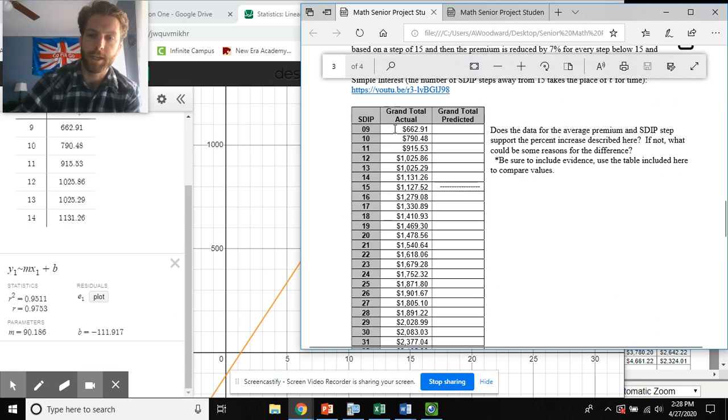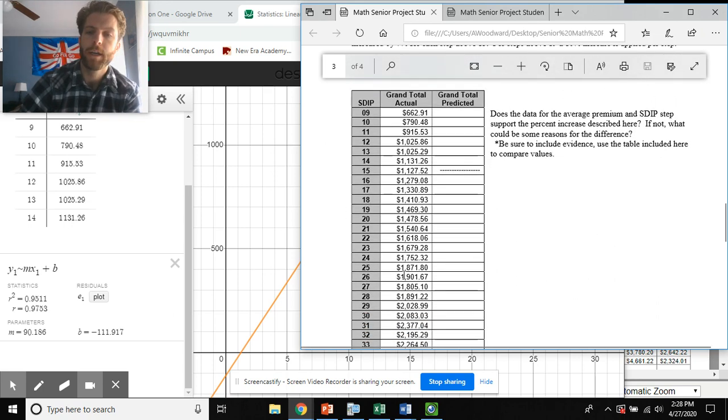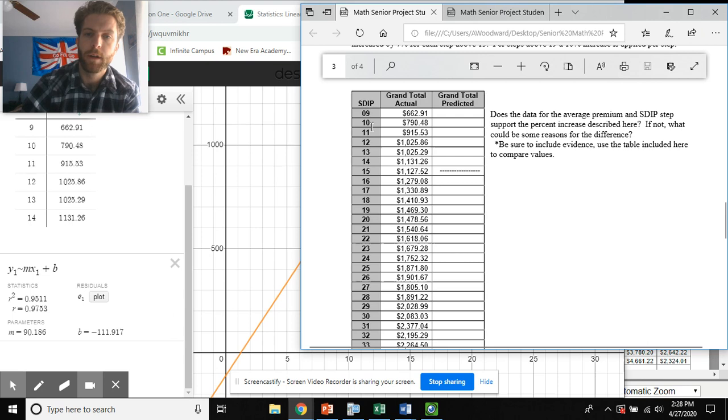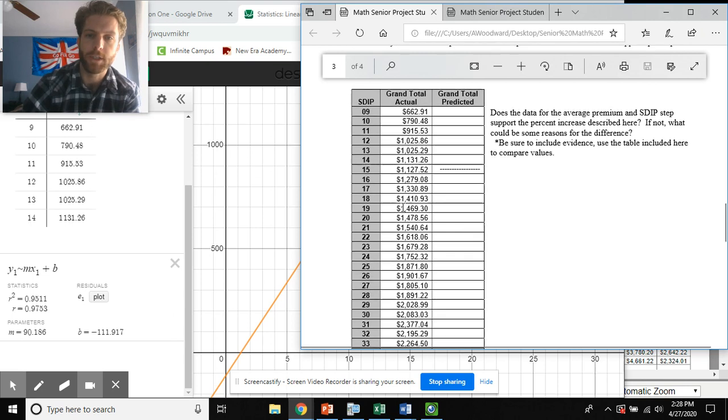So this table here is showing the actual grand total versus our SDIP level, which we just graphed. And then it also has a column here for the grand total predicted. So you might be asking, what do I need to fill in for this grand total predicted?